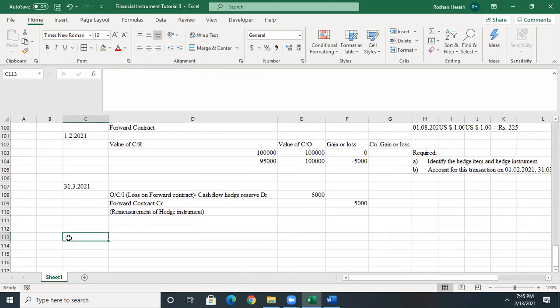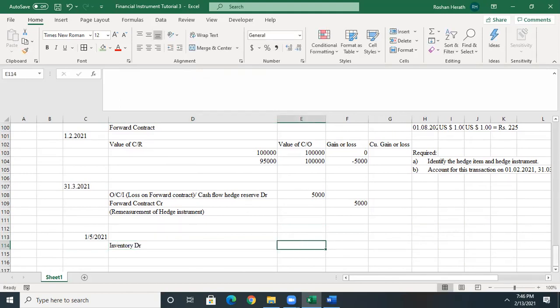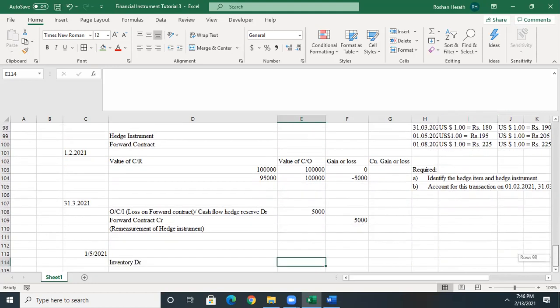Then we come to the day you are going to recognize the hedged item. It's about the inventory, no problem. Yeah, it's inventory. Debit. How much? The spot rate was at 1st of May, it was 195.